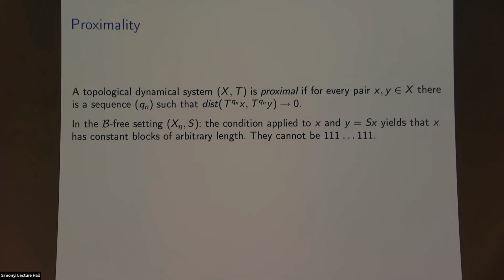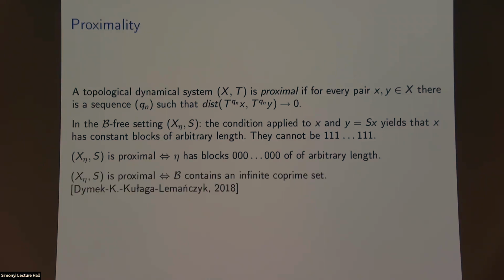But those constant blocks cannot be ones because we are in the B-free setting. So proximality in this context means that eta has constant 0 blocks of arbitrary length. And it can be translated relatively easily to arithmetical language.